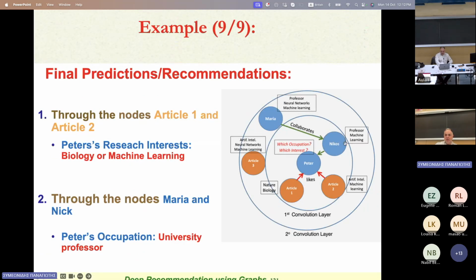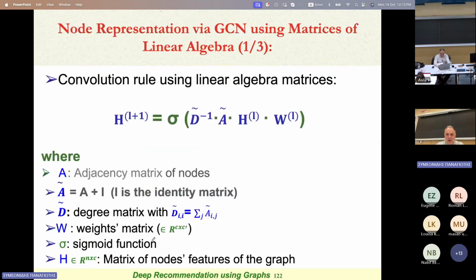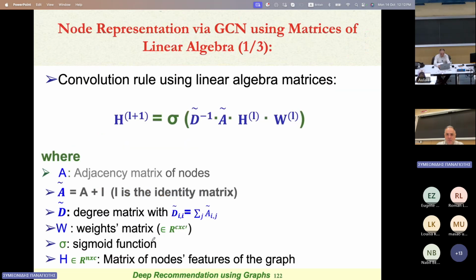Through the nodes Maria and Nick, the other type of nodes, we may infer the occupation of Peter, which is the university. Okay, so based on this, we can have our results.